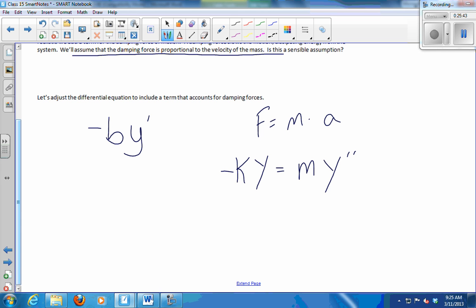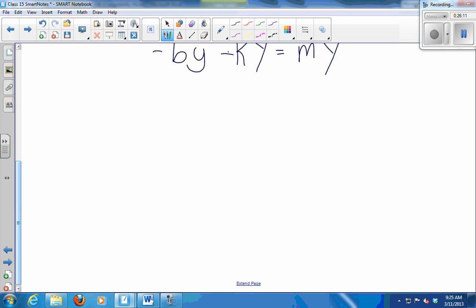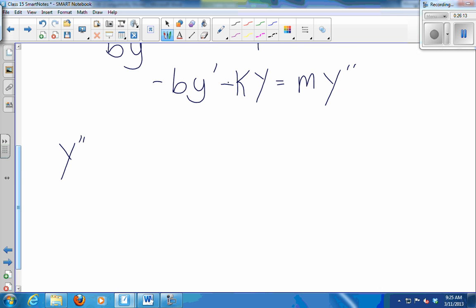And now force also has another term acting on it, the damping force. So now I have two forces, damping and the spring force, equals mass times acceleration. Then I just divide both sides by m to get y double prime by itself. So y double prime equals negative k over m times y minus b over m times y prime.